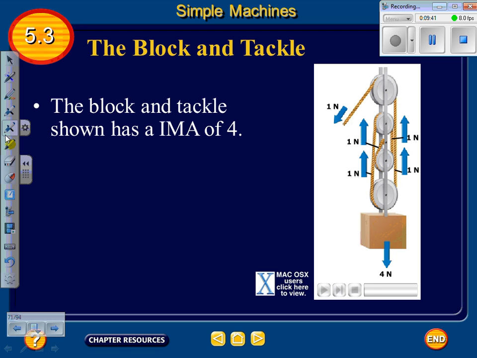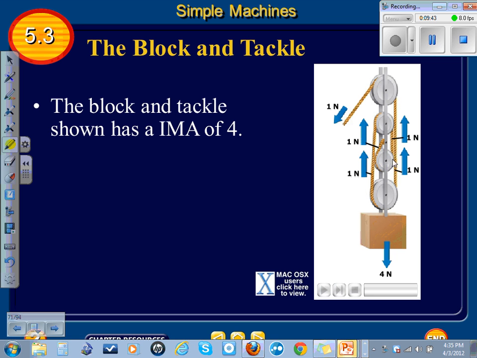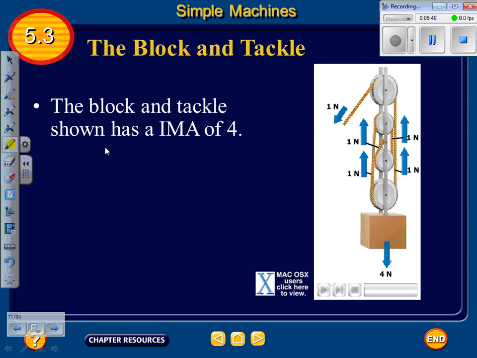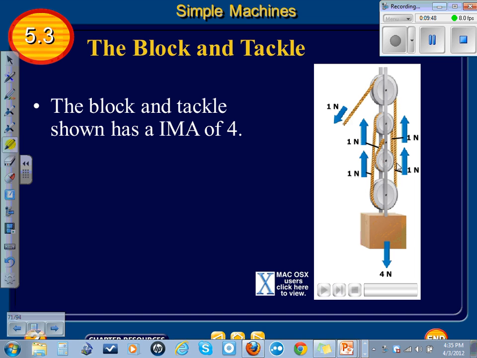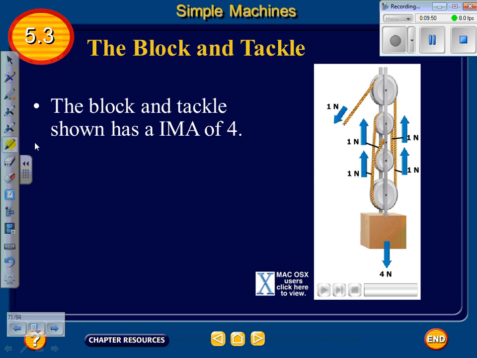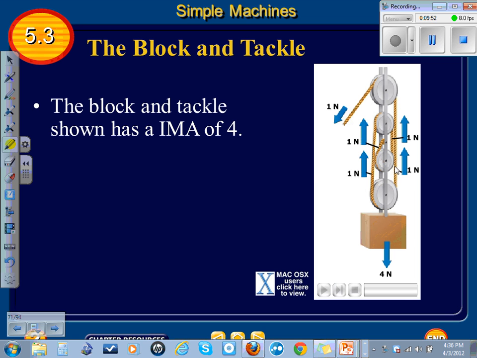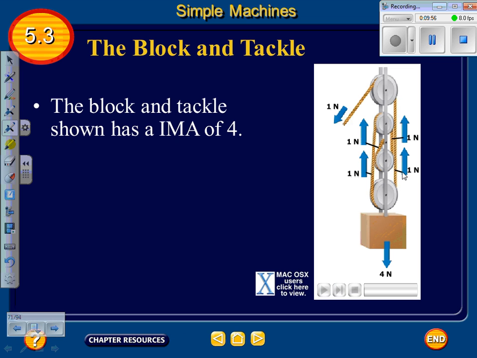One segment here, one here, one here, and one here. So you're seeing that you get 4 newtons of output by only putting 1 newton of force in.